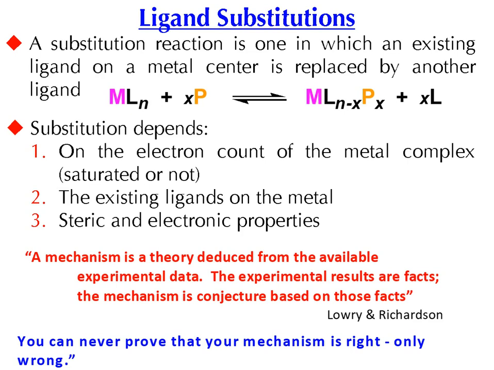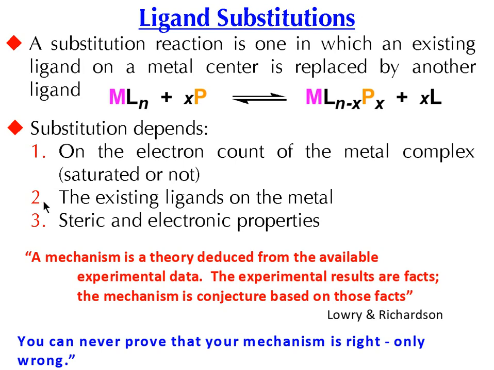The complex should first dissociate a ligand L, then associate the ligand P. And if the complex is unsaturated, so we have a vacant site, the ligand P can bind directly to M, and after binding, we have dissociation of ligand L.